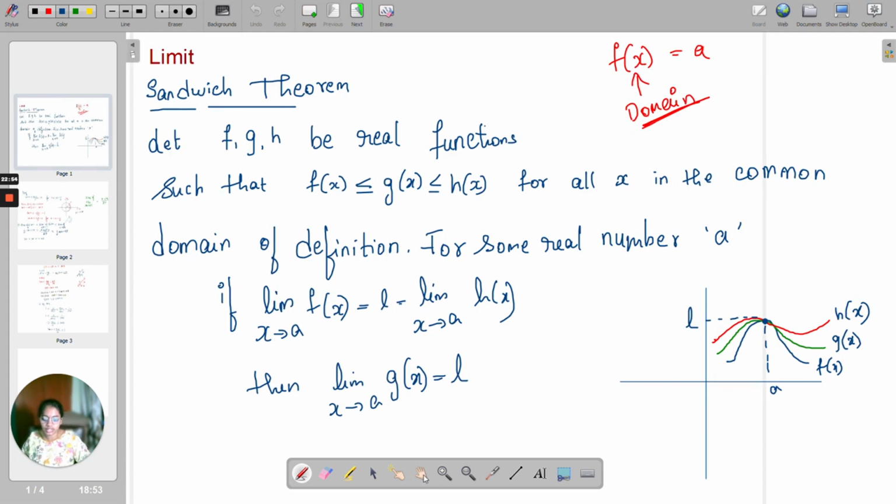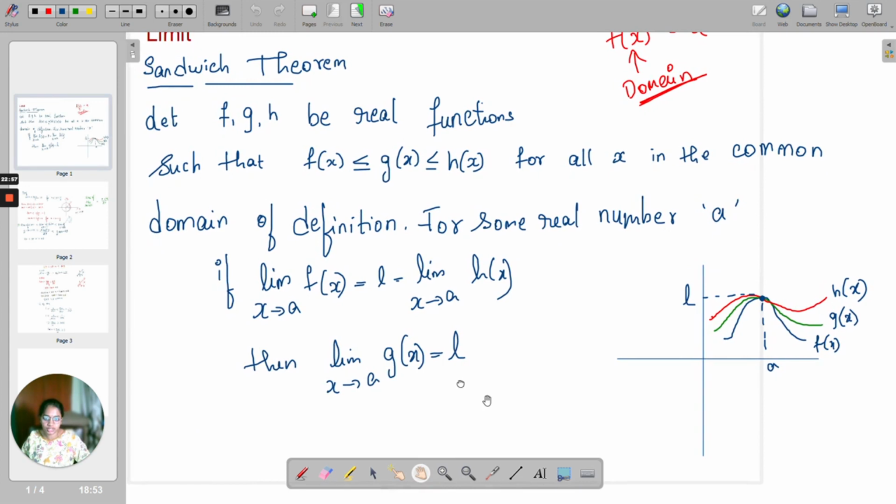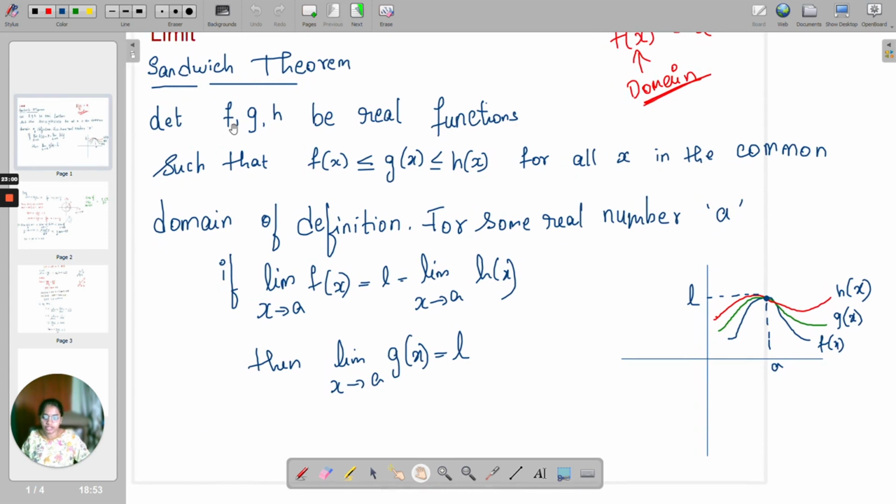So what did we study in this class? We studied the sandwich theorem. It states that if f, g, h are real functions such that f of x is less than g of x less than h of x, we drew that in a graph, f of x, g of x, h of x. So g of x is in between h of x and f of x, right?